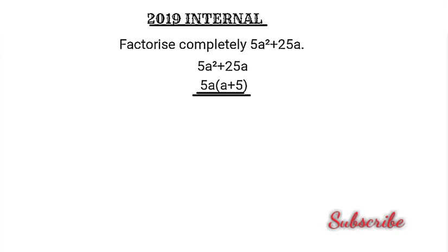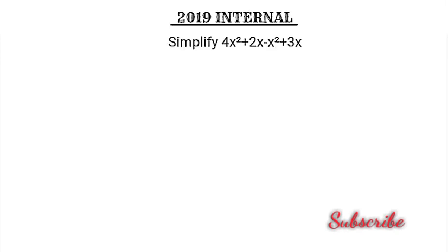Okay, let's go to the next question. This is the third question that came in the 2019 internal under algebraic expressions, and the question was: simplify 4x squared plus 2x minus x squared plus 3x.